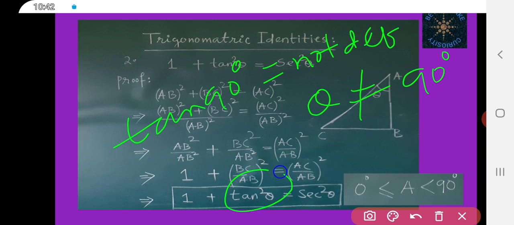Here tan square theta is there, so if theta is equal to 90 degree, then tan 90 degree is not defined. That's why the angle A or theta is not equal to 90 degree.